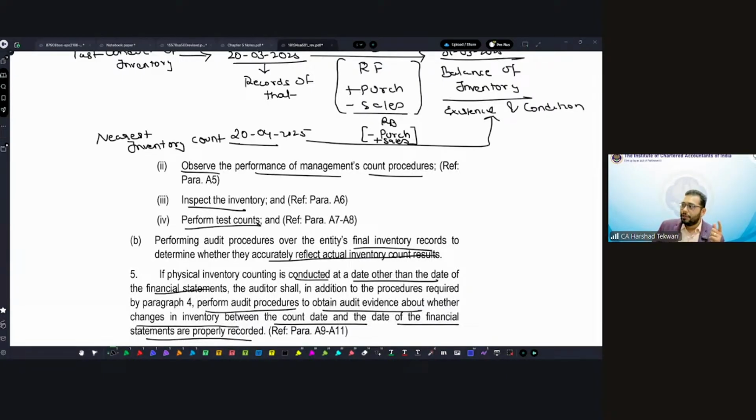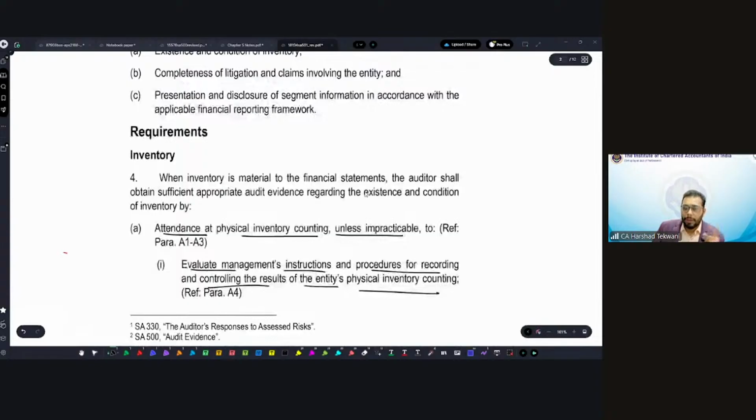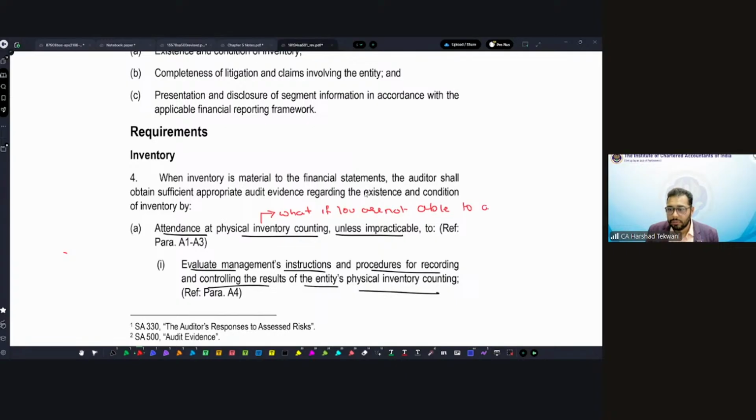Now there is one question. We talked about how you need to attend the physical inventory count. What if you are not able to attend? I'm not talking about impracticable scenarios.